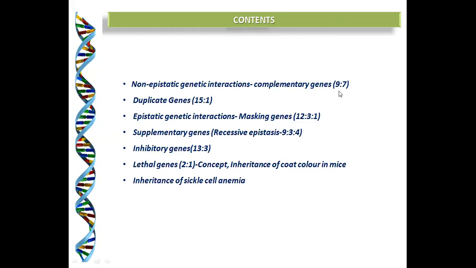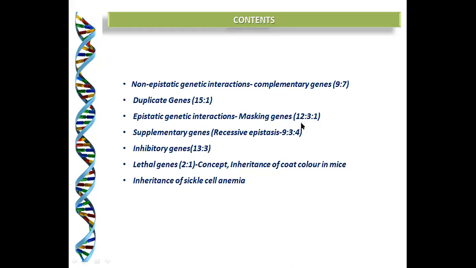It is modified into 9:7. That interaction is called complementary gene interaction. It is modified into 15:1. That interaction is called duplicate gene interaction.